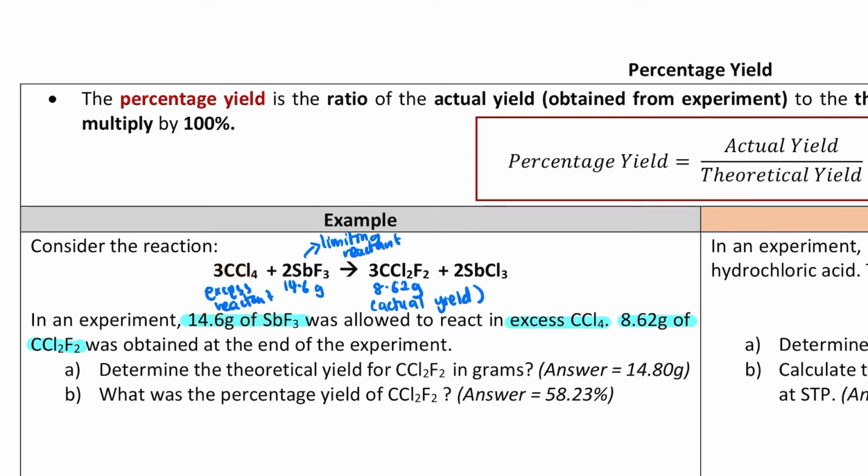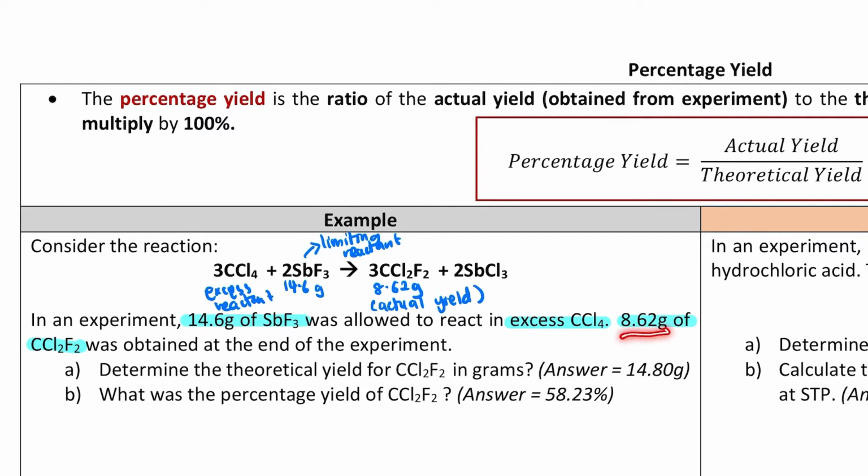How do I know CCl4 is the excess reactant? From this word here, it already says CCl4 is in excess, so CCl4 is the excess reactant. If CCl4 is the excess reactant, that means automatically this question wants to tell us that SbF3 is the limiting reactant.